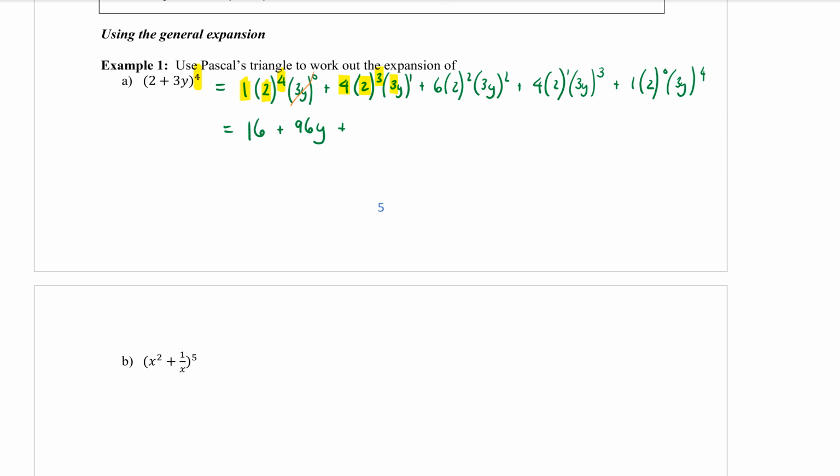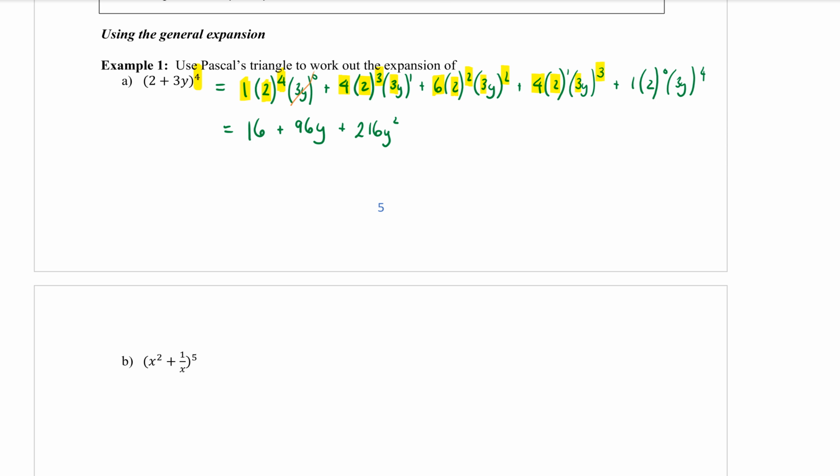For the next term, I have 6 times 2 squared times 3 squared. Timesing all of those numbers together, you get 216 y squared. And next, 4 times 2 to the power of 1 times 3 cubed.